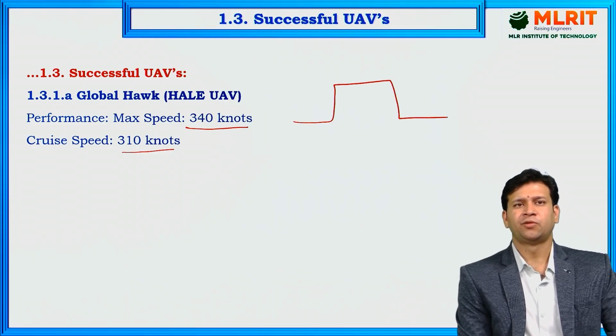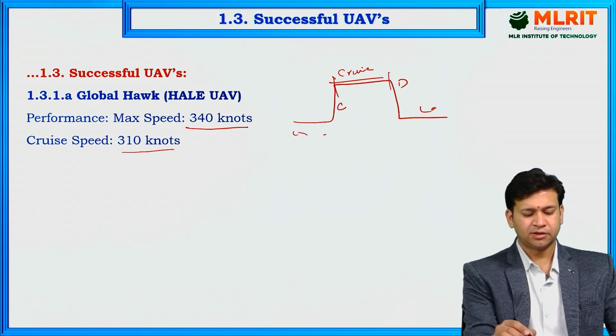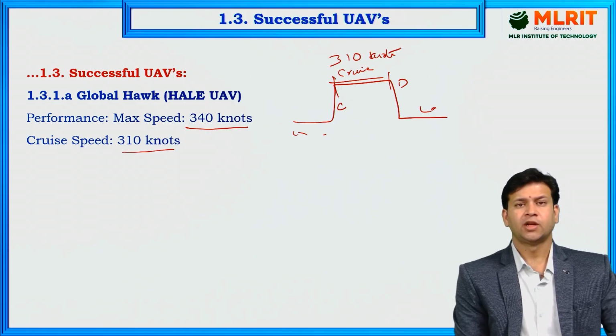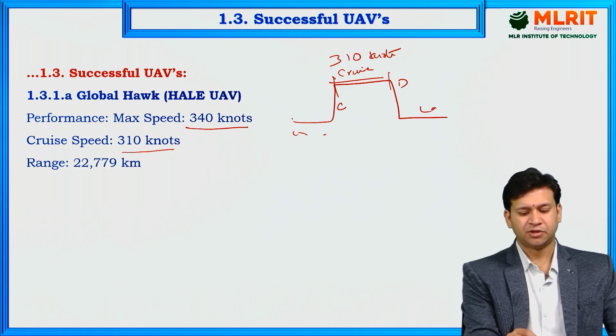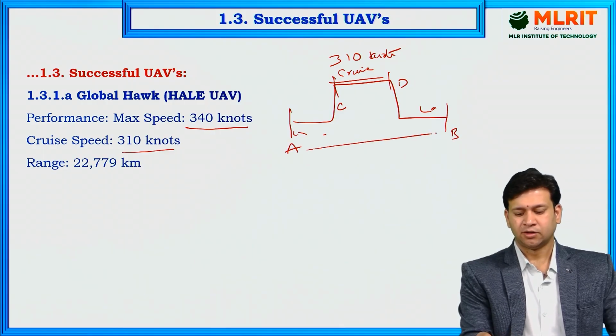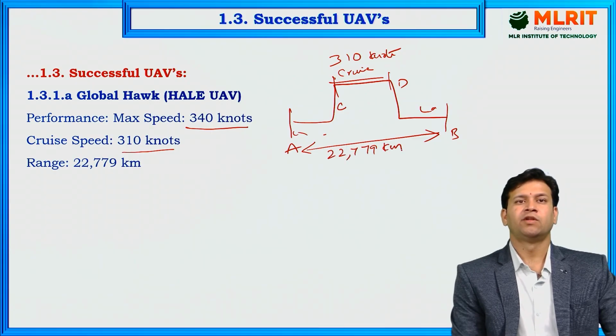If this is a mission profile, this segment is called cruise. This is ground roll, takeoff, climb, cruise, descent, land. So during this, its speed will be 310 knots. Range is 22,779 km. For example, from point A to point B, this range will be 22,779 km on one load of fuel.